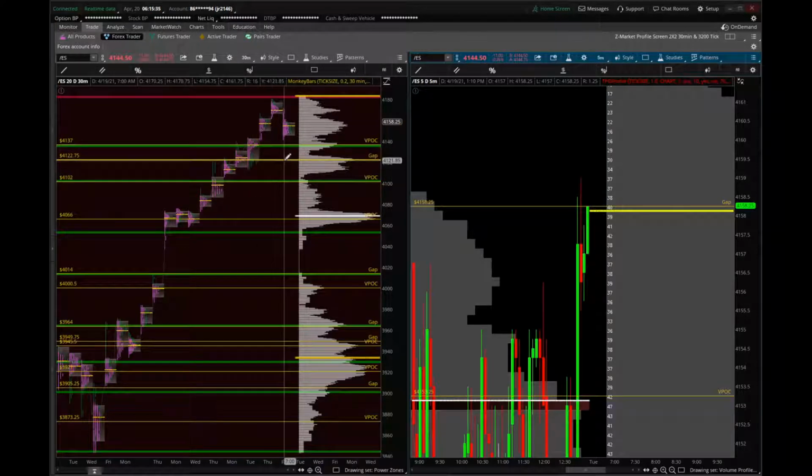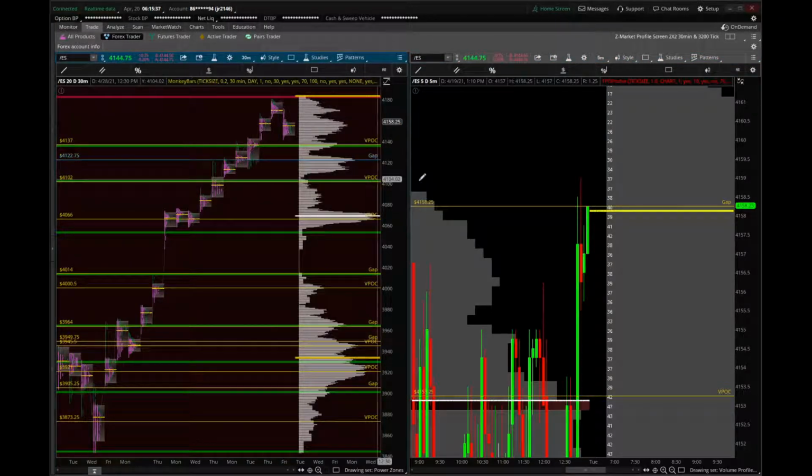So I'm going to come over here, duplicate this, and go back up here and do the same thing, 41.58 and a quarter.